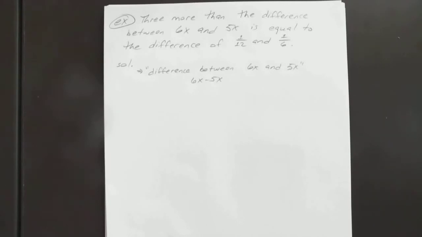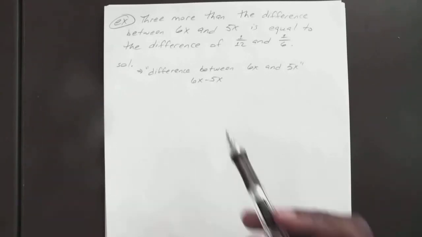But when you see 3 more than the difference of 6x and 5x, that more than lets you know you're going to add 3 to it.